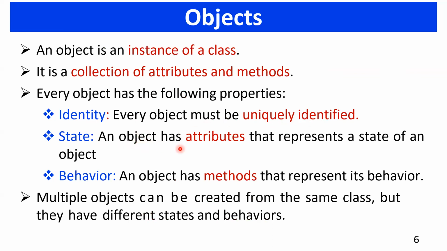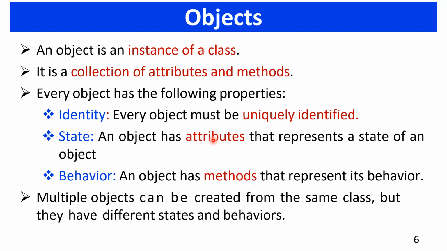An object has attributes that represent the state of the class. For example, consider a class called person with the associated attributes like name and age.